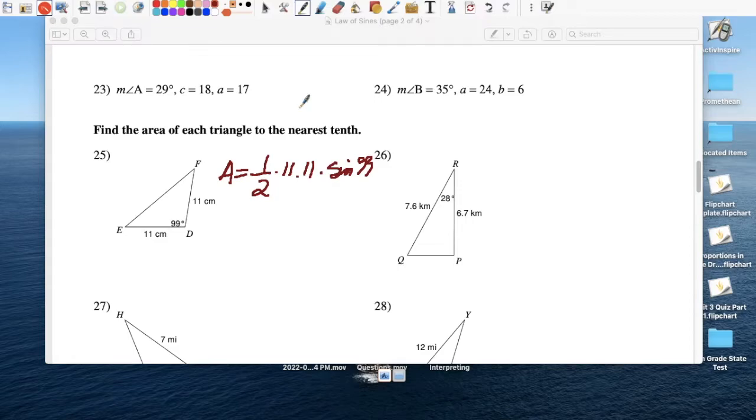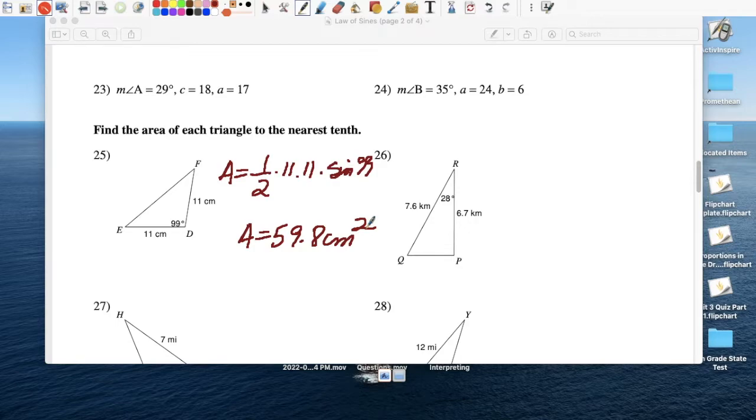So 11 times 11 times sine of 99, divided by 2, that's going to give us 59.8 rounded, so the area is 59.8 centimeters squared.